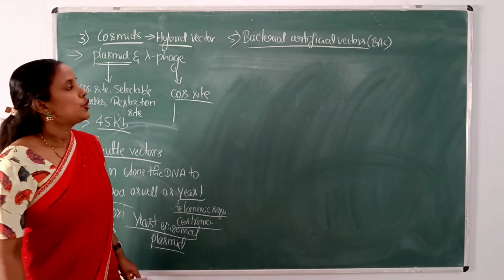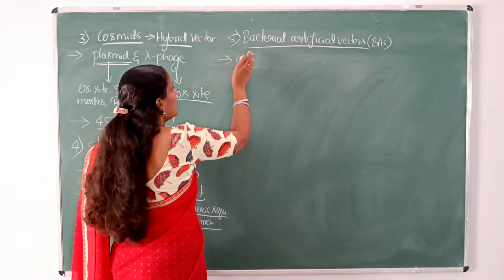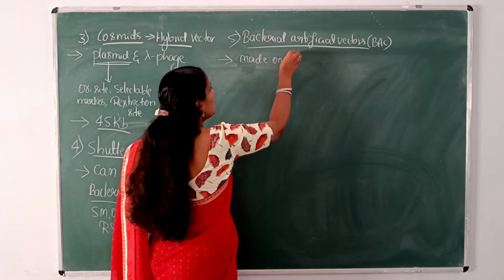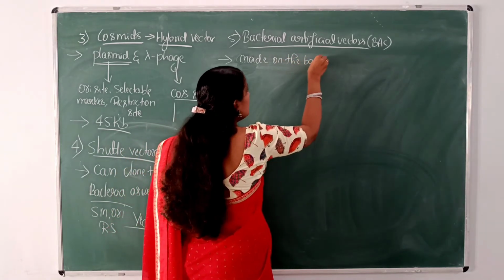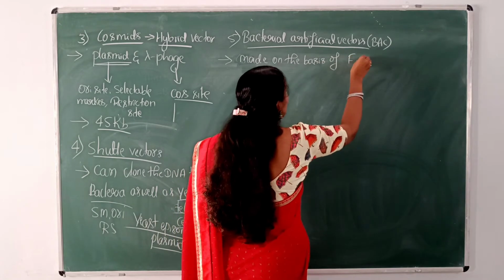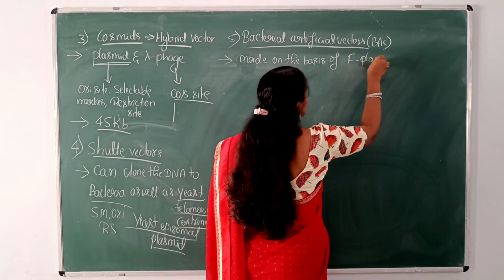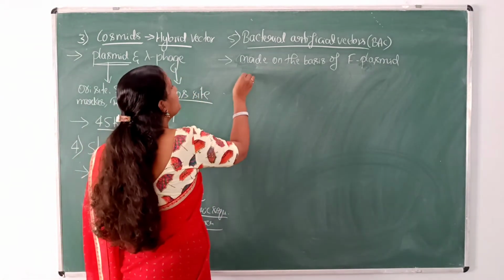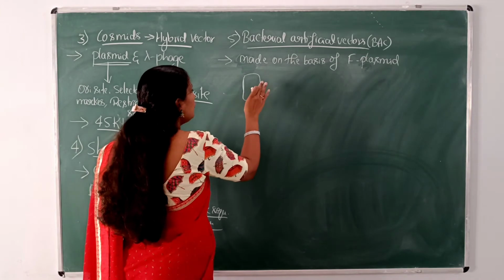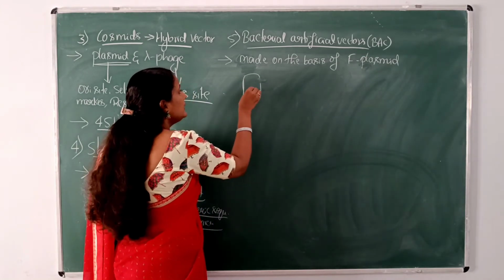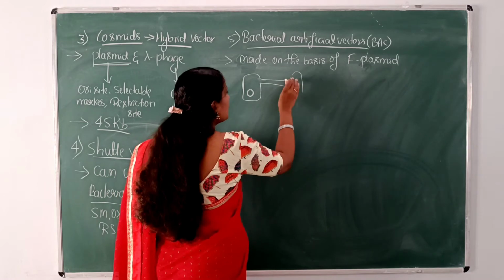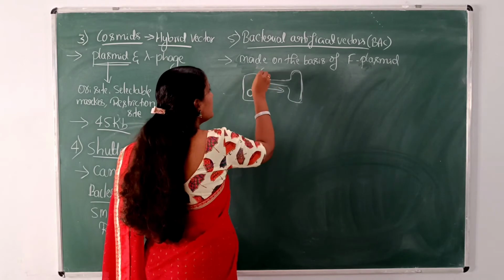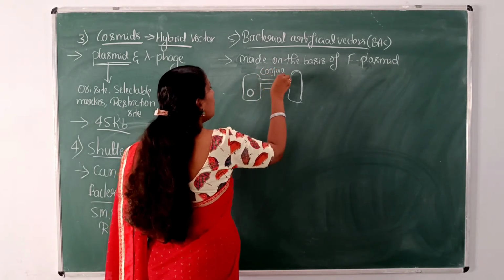The bacterial artificial chromosomes are constructed on the basis of the F plasmid of bacteria. In bacteria, there are F plasmids present, and these F plasmids can transfer from one bacterial cell to another bacterial cell during the process of conjugation.